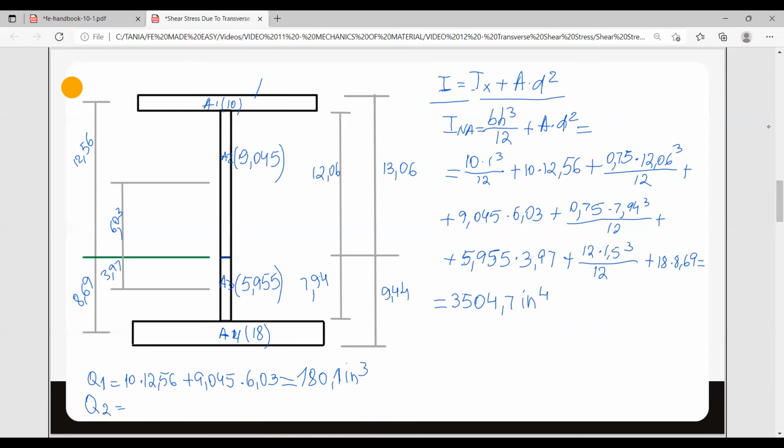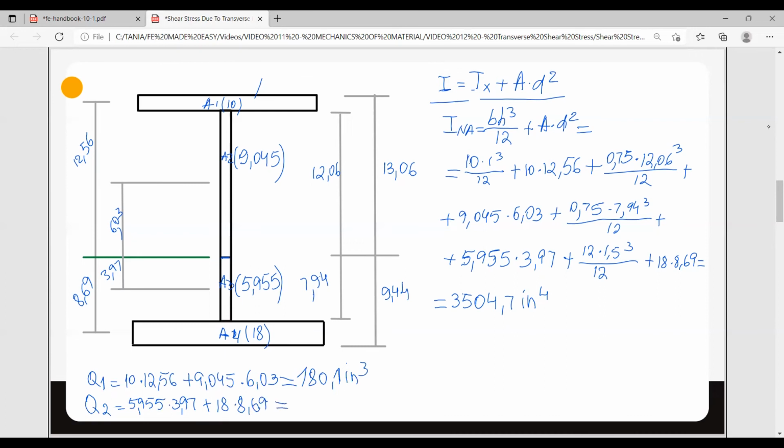I will have 5.955 times 3.97, plus area number 4, which is 18 times the arm 8.69, equals. Again, let me quickly calculate this.